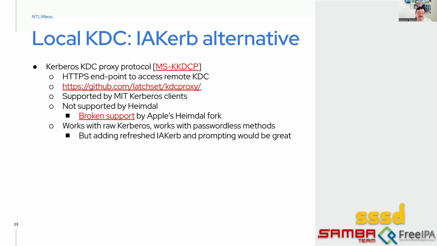So all of this actually works with raw Kerberos. It's just forwarding of Kerberos, and it works with passwordless methods a lot. But of course, adding prompting to GSS API would help also to get this working with IAKerb. There are no technical problems on the protocol level to make prompting or exchanges of the pre-authentication work.